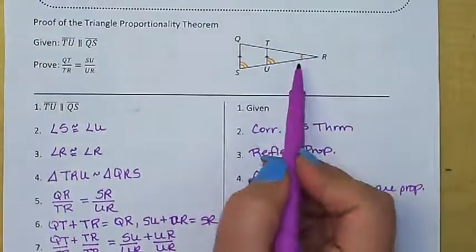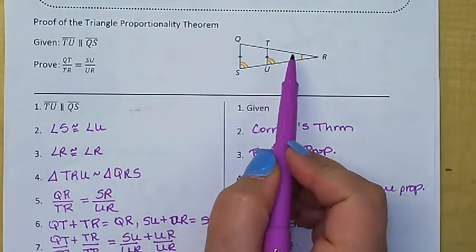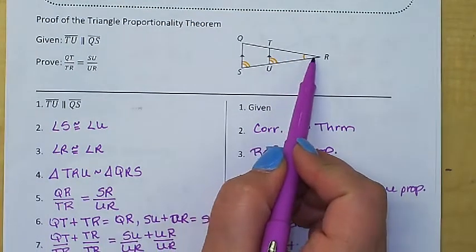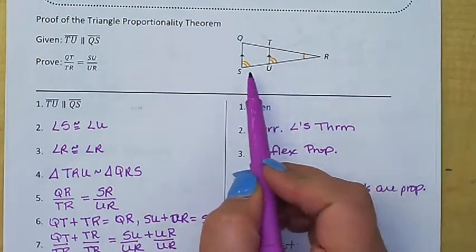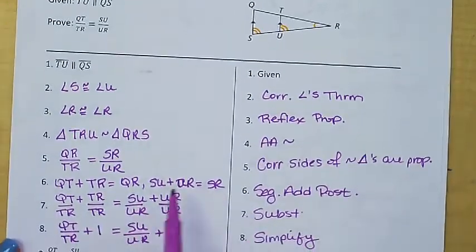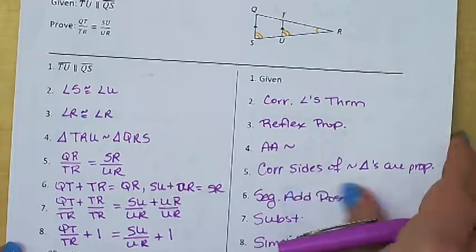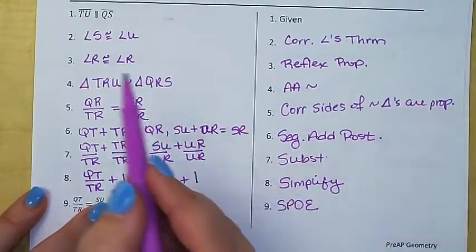Once you know that, these sides are proportional. So the initial setup is to set up this long side compared to the short, long side to short. But our goal is really for these smaller segments. So that's when we talk about the segment addition postulate.